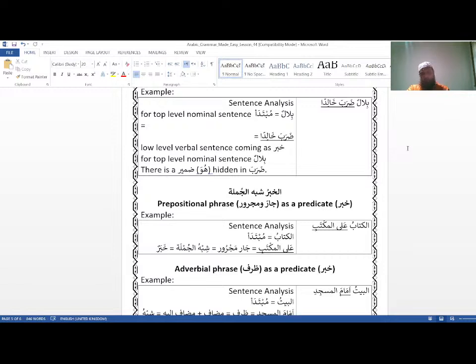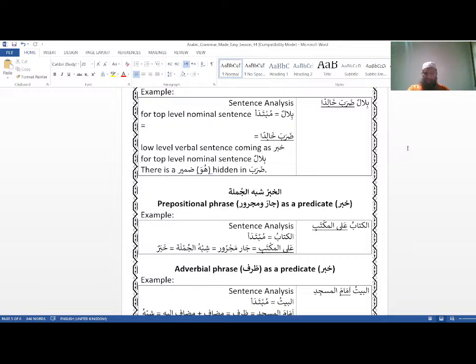Qablu, before, giving the meaning of time. So any ism that gives the meaning of place or time is called dharf. And dharf, we will learn, always comes as mudaf.